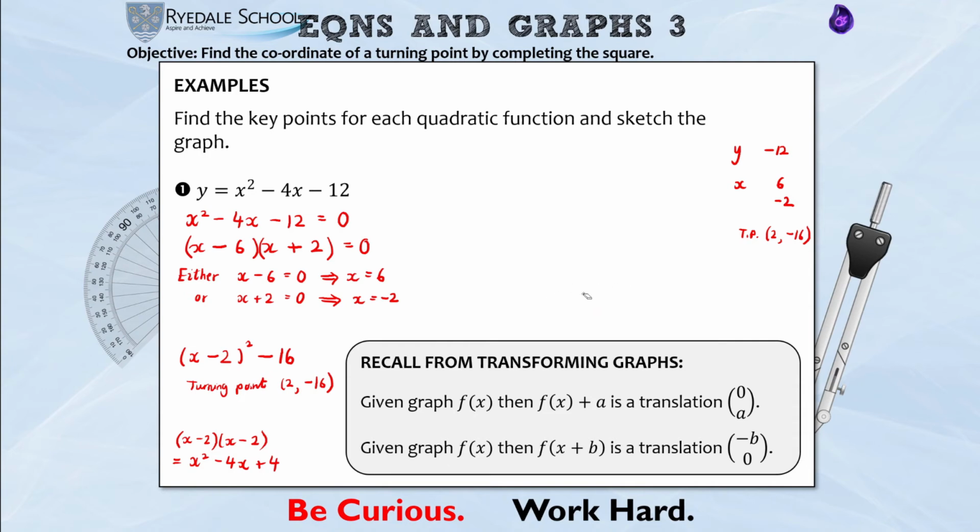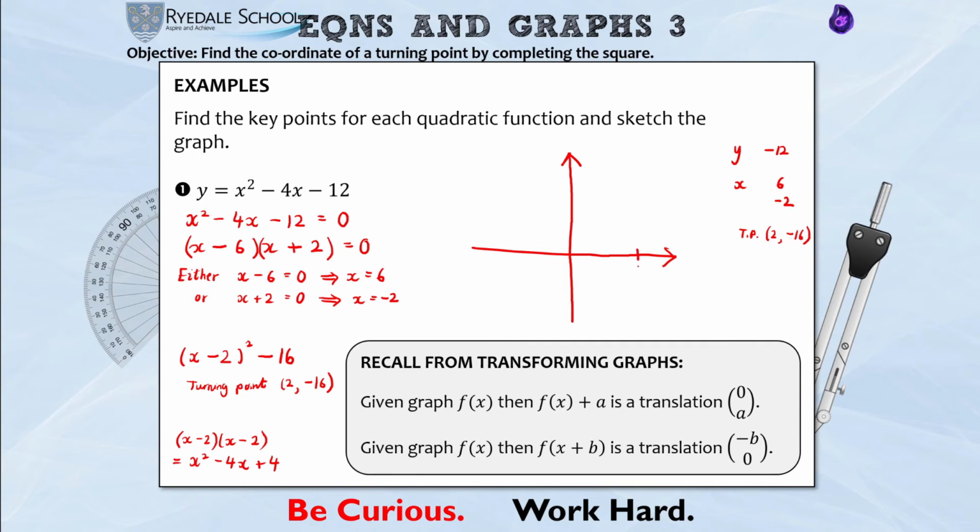So I've got the 4 values I was after, and now I'm going to do a sketch of the graph. Now when you do a sketch of the graph, yours is going to be tidier than mine, because I would like you to use a ruler and a pencil for your axes. But everything else can then be an approximate sketch. Okay? And what I mean by that is I know it crosses the x-axis at 6 and -2.